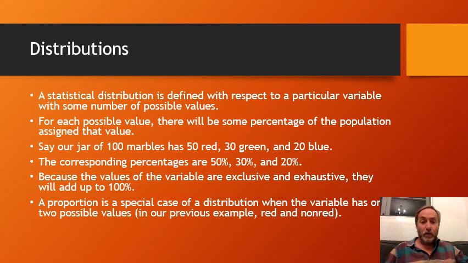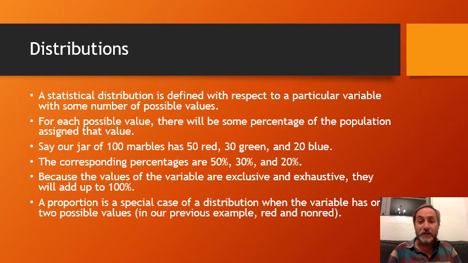All right, more terminology. A distribution. A statistical distribution is defined with respect to some particular variable with some number of possible values. What that means is for each possible value, there's going to be some percentage of the population assigned to that value. So, for example, in our jar of 100 marbles, we have 50 reds, 30 greens, 20 blues.